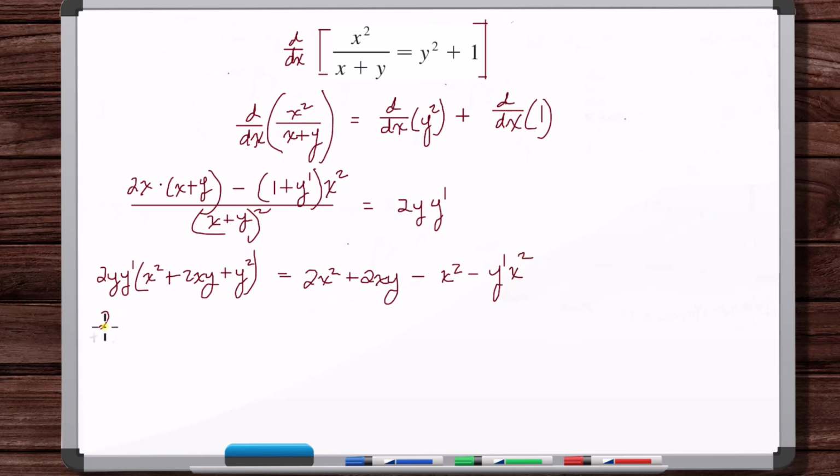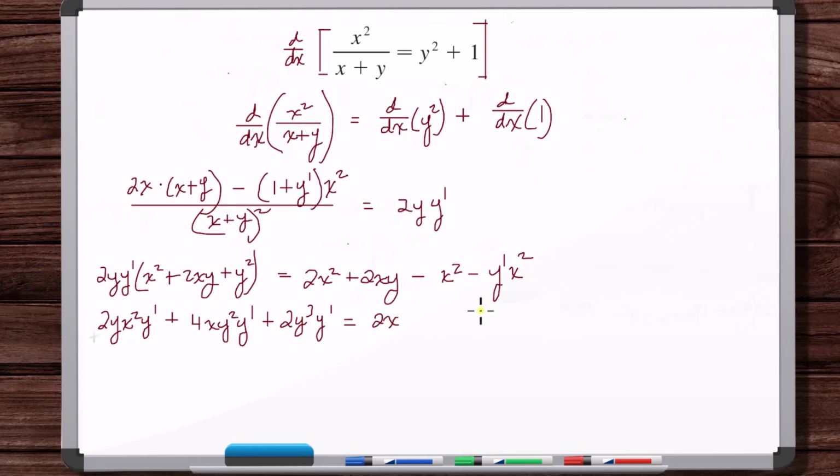So we've got 2y x squared y prime plus 4x y squared y prime plus 2y cubed y prime.